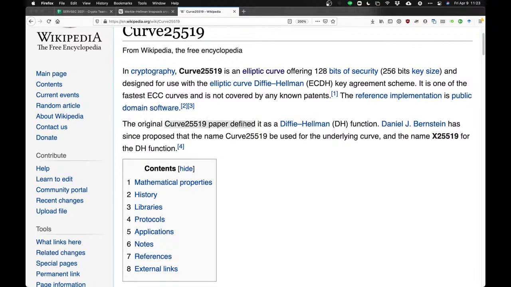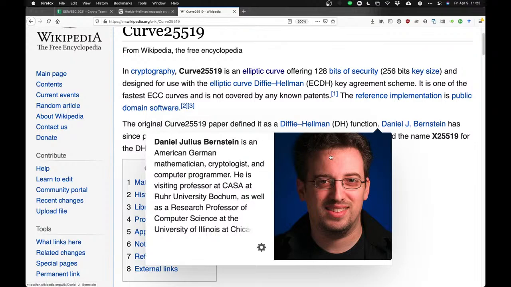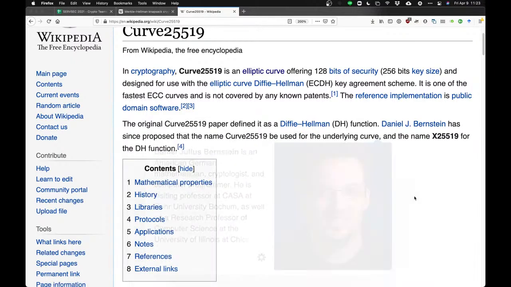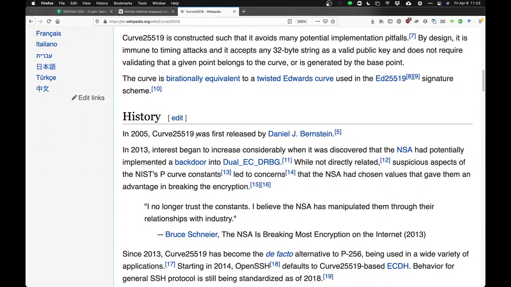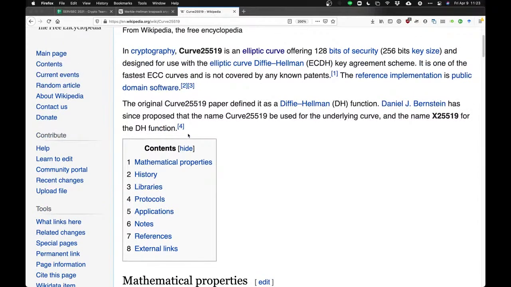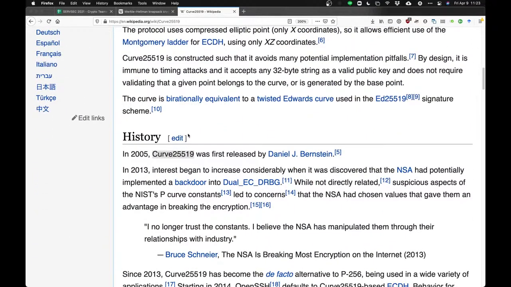Who made Curve 25519? It was defined by Diffie-Hellman. And Bernstein has since, all hail our Lord, DJ Bernstein, has since proposed the name Curve25519 for the underlying curve and the name X25519 for the function itself. Okay, so it has the blessing. Curve 25519 has the blessings of DJ Bernstein.